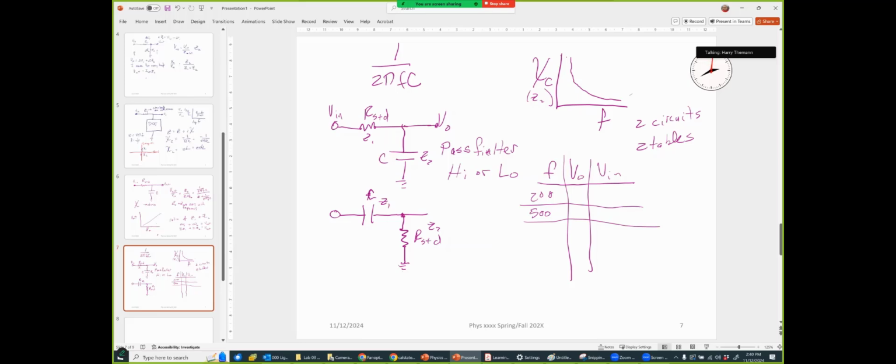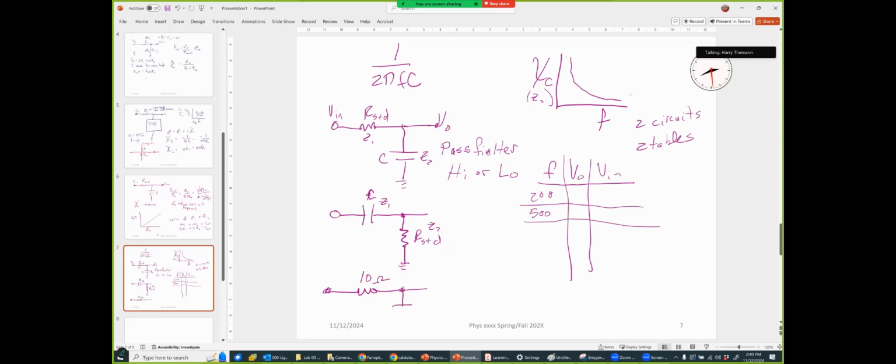So one thing, it's very important that you always measure V out over V in. Why? So I know that our Z standard is very low, 10 ohms. This is only 10 ohms.